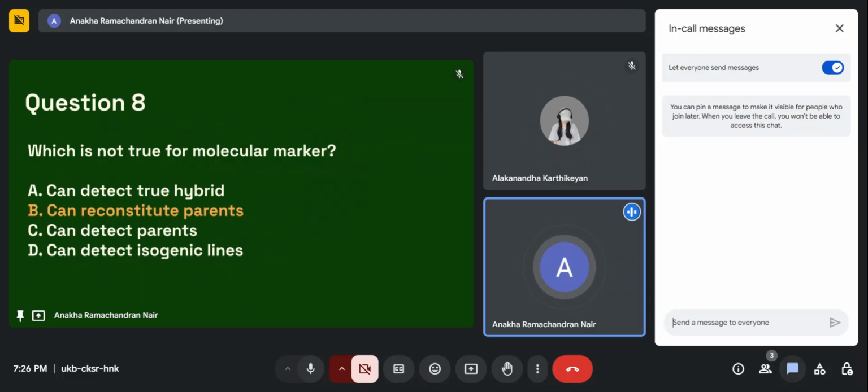So what it cannot do is reconstitute parents. What it means by reconstitute parents is recreate the parents, right? So that it cannot do. Every other option can detect a true hybrid, so they can be used to detect true hybrids.